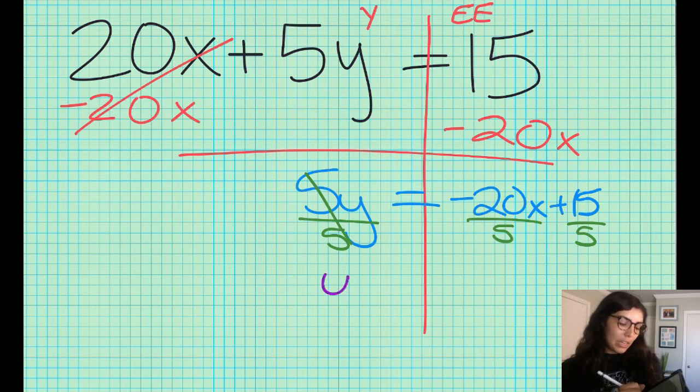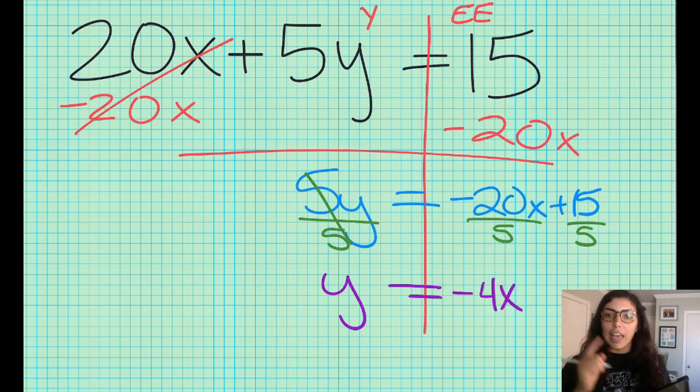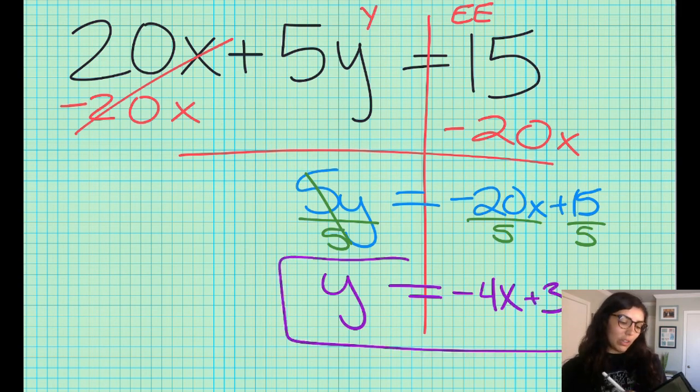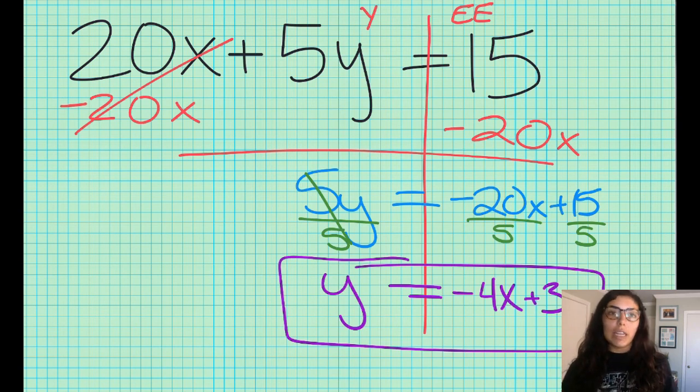I would have y equal to negative 20 divided by 5, which is negative 4, and 15 divided by 5 is 3. And that's it. We've solved this equation for y. 20x plus 5y equal to 15 is equivalent to y equal negative 4x plus 3. So you move the x term, don't combine it, then you divide by the coefficient of the x.